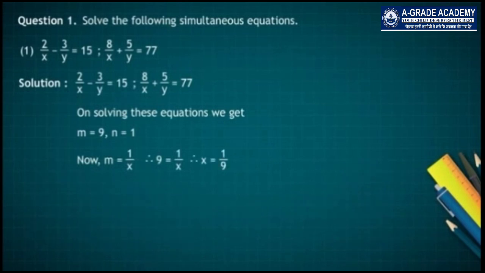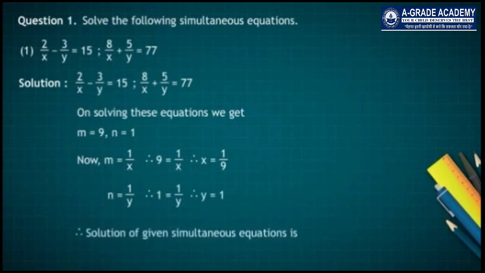Therefore, x = 1/9. n = 1/y. Therefore, 1 = 1/y. Therefore, y = 1. Therefore, the solution of the given simultaneous equations is (x, y) = (1/9, 1).